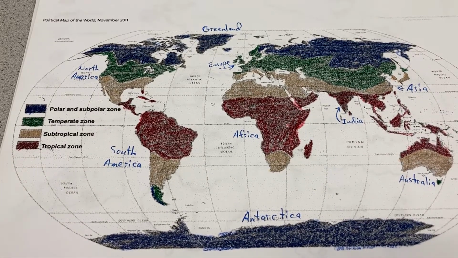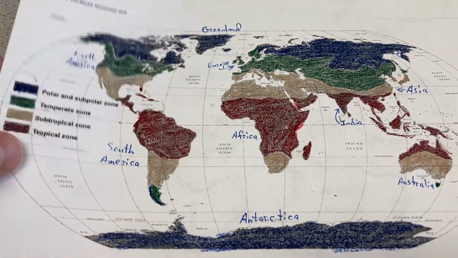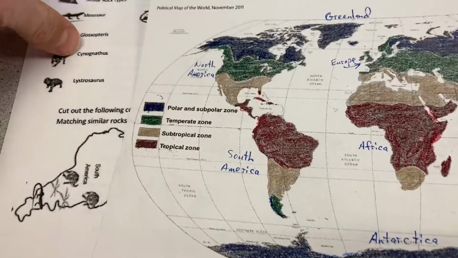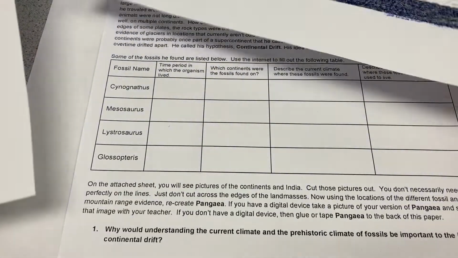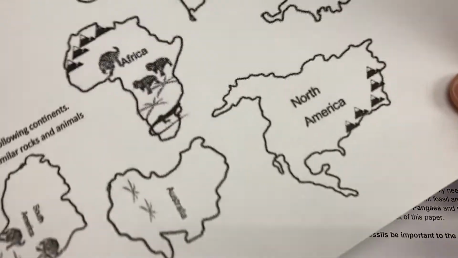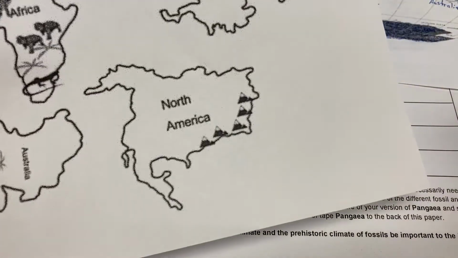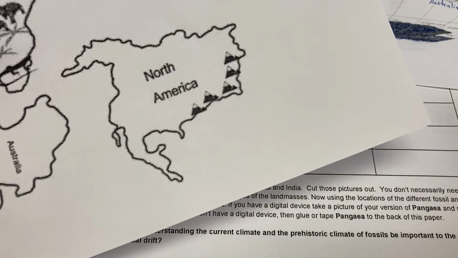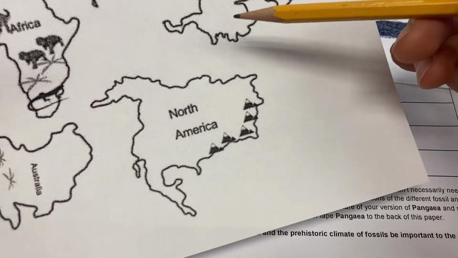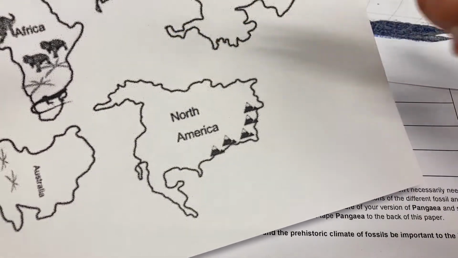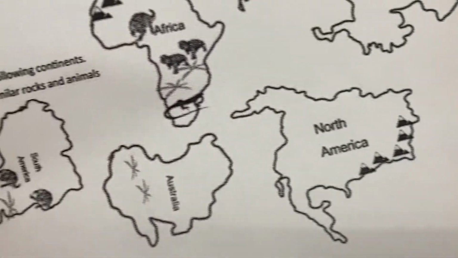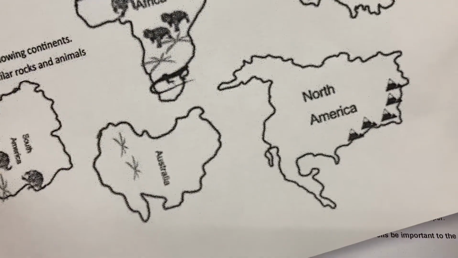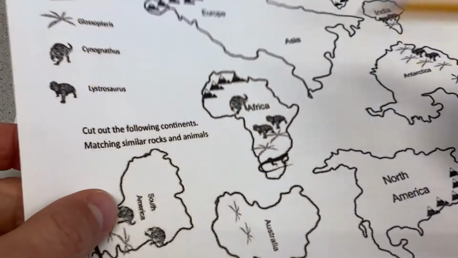So let's take one of these, and we'll just try and do it here ourselves. Let's do a simple one here. Okay, so this one's only on 2 continents here. There we go.